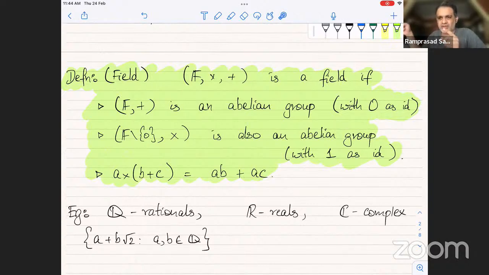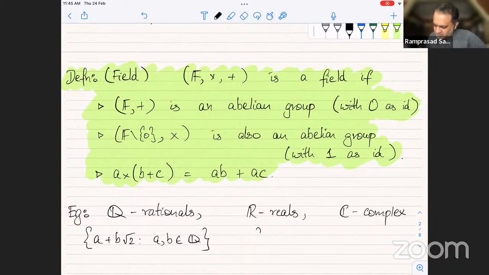I mean, the root 2 squared becomes a 2, so you can absorb it into the a part. What is unclear is why the division of two such numbers is a number of the same form. But hopefully these are things you have done in high school, right? You will multiply with a minus b root 2 and do some stuff like that. But it turns out that this is also a field because it satisfies all the axioms that I mentioned above.